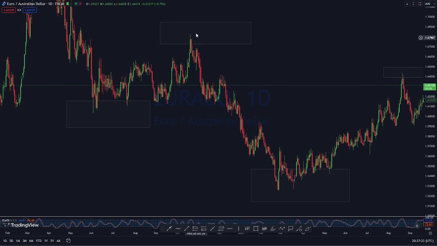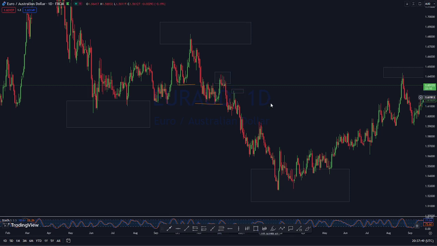So at this point, after we created this high, the market broke a low, right? It broke this low. As soon as it broke this low, it created a high, and again it broke another low, right? As soon as we break a low, we know that we will create another high, because that's what a trend is.